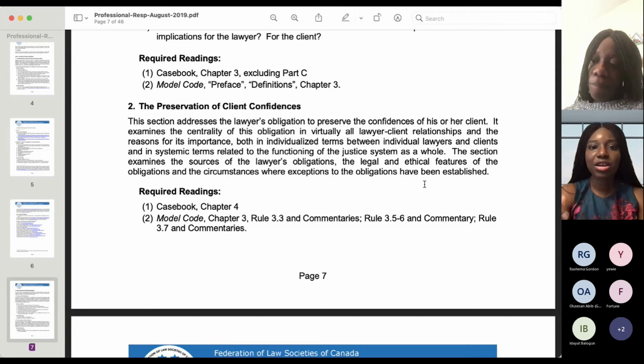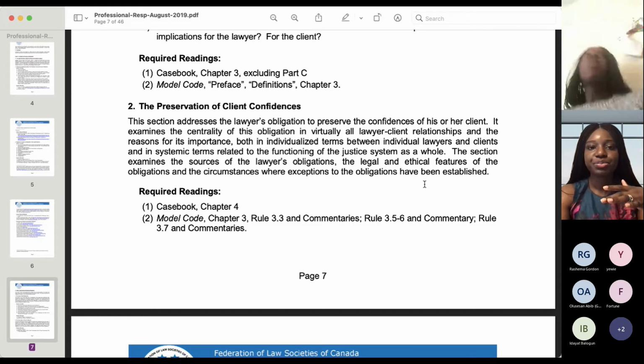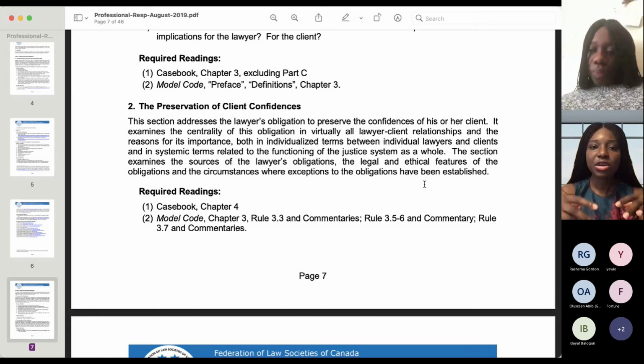If you're talking about client confidences, for example, or confidentiality, you define what it is, you list how it's different from privilege, you give a list of items, it's ethical, it's not legal. You now say if a lawyer breaches the duty of confidentiality, he can cure it by, for example, with conflict of interest it is more defined.